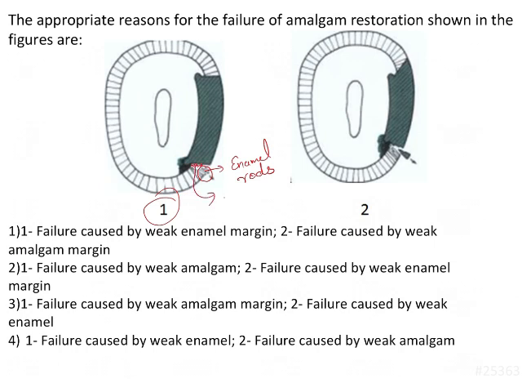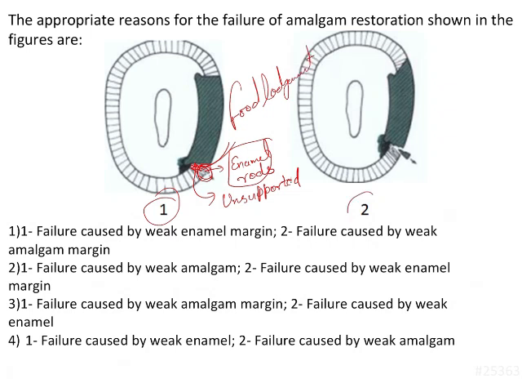That means these are unsupported by the dentine, and that's why these enamel rods will be chipping off, and that will be causing the microleakage at this margin, and that will be the reason for the failure of the amalgam restoration, because this particular area will start food lodgement and later there will be development of the secondary caries.